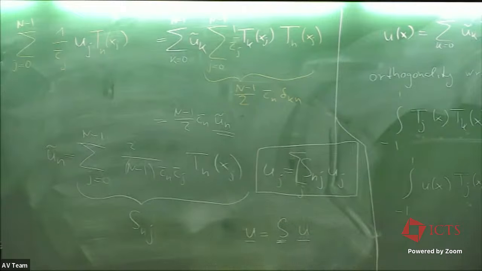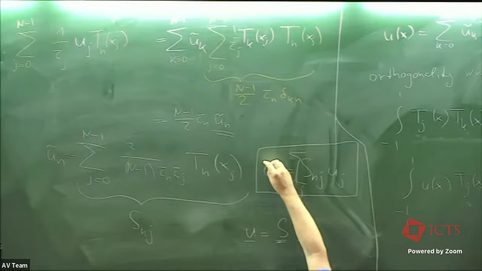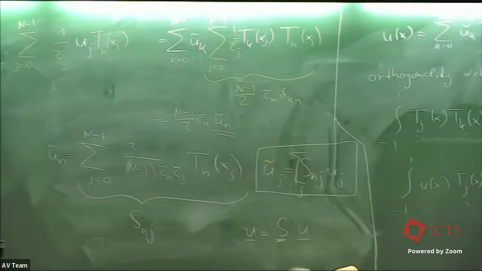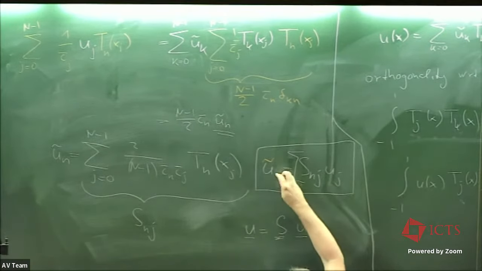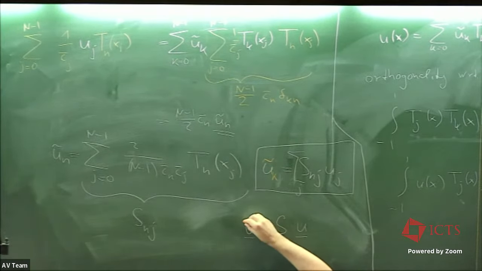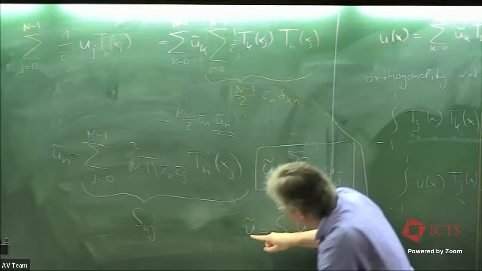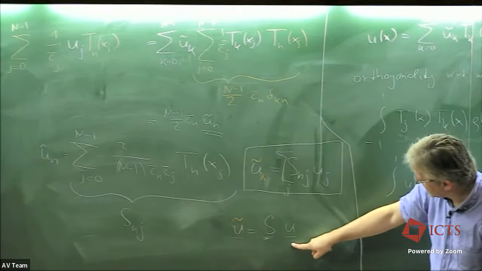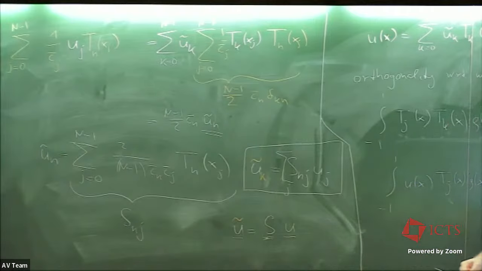And I must have messed up indices here. First of all, we are solving for the coefficients. And this is a k, and therefore the vector of all the coefficients is equal to a matrix times the vector of all the grid point values.